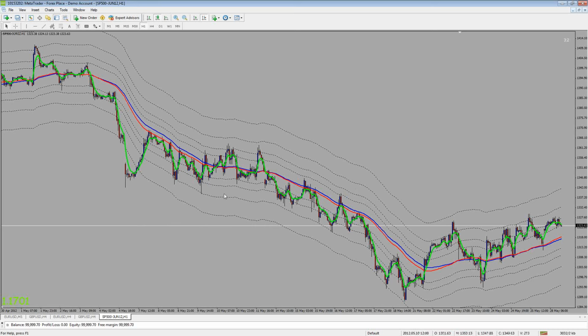Now, you can't know for sure that the trend will continue to go down until you see it, but the direction of these moving averages gives you a general direction of the trend. So as long as these moving averages show you that they're in a downtrend, you should look for short trades.